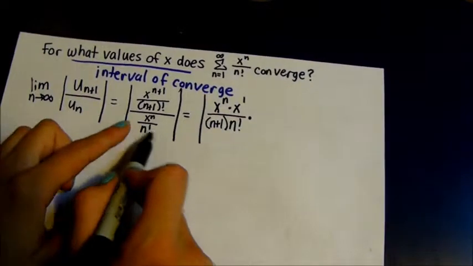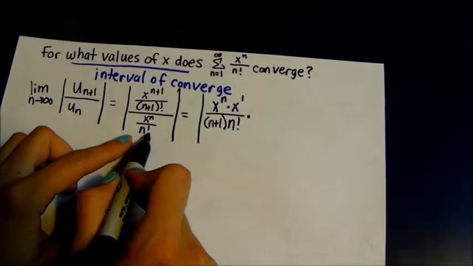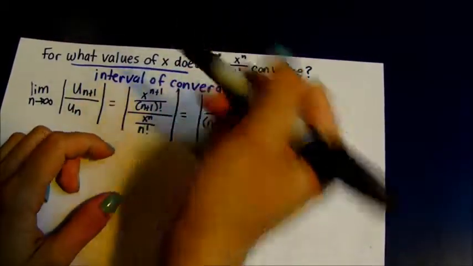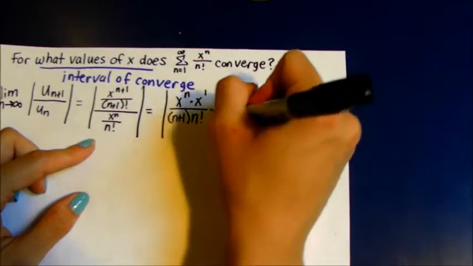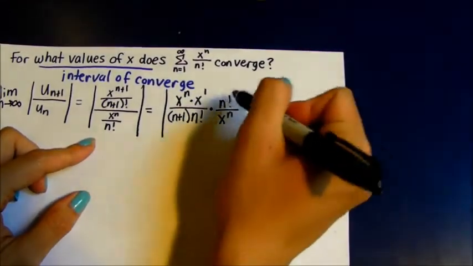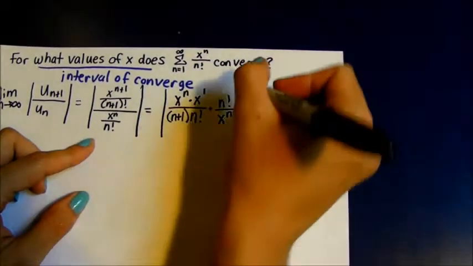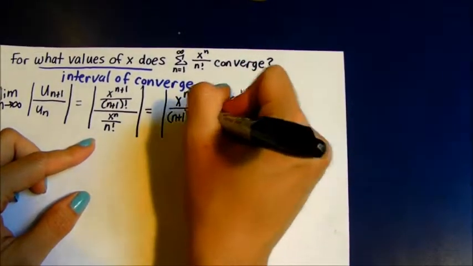So when you have x raised to the n over n factorial, I'm going to flip that to get rid of the division, so n factorial over x to the n. Now you can see why I did the n plus 1 times n factorial. It's really to clean this up.